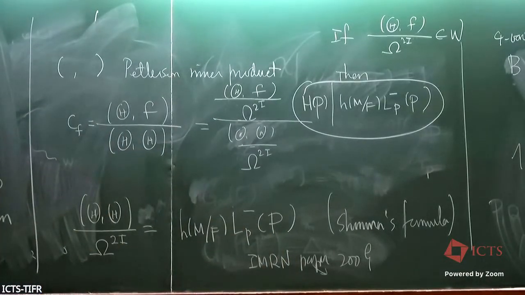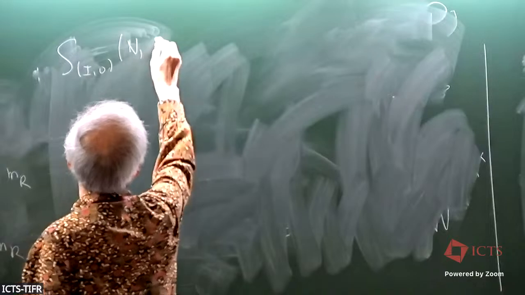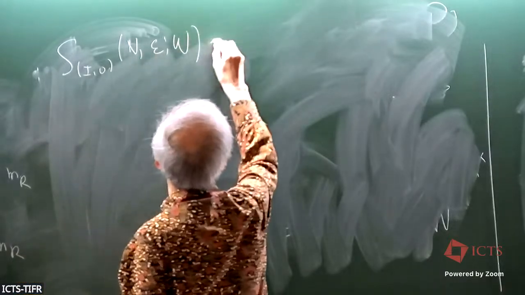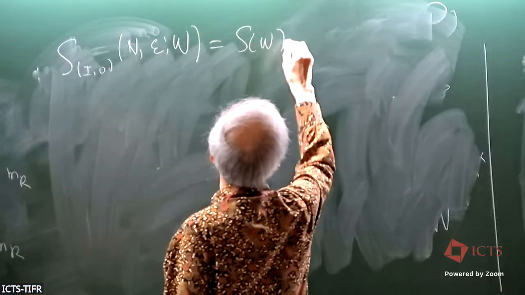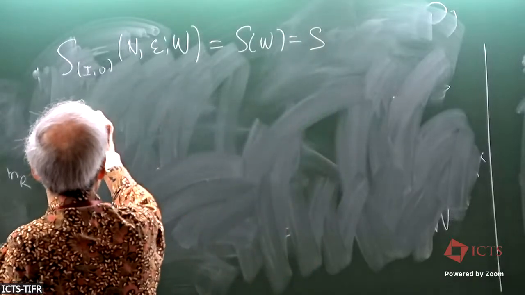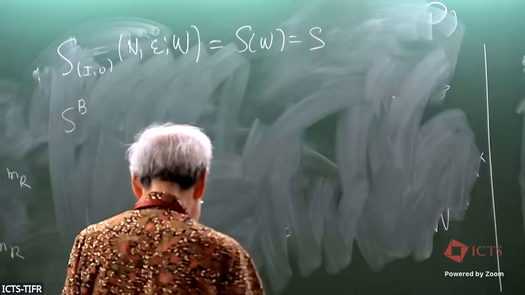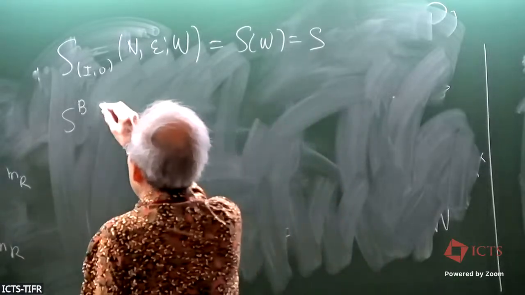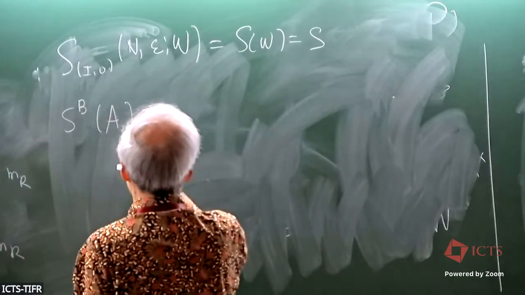So Jack perhaps explained S_0 and epsilon_W kind of things. I wrote S_W, and that is S. The corresponding guy is S_B, that is S_B of A. You take any ring.